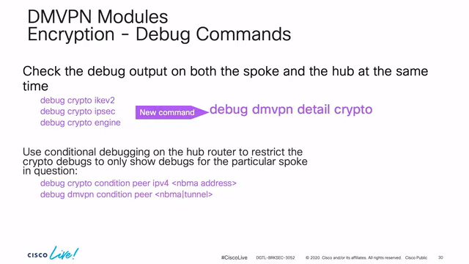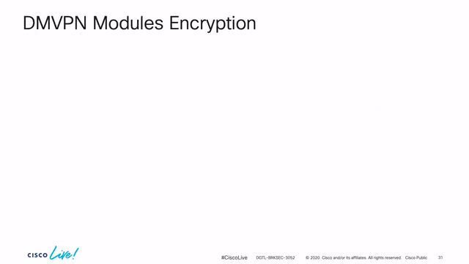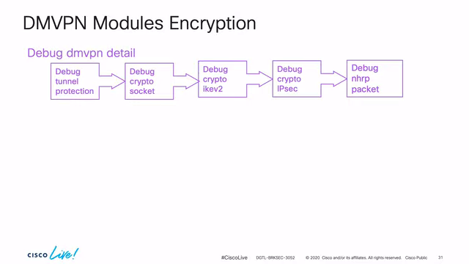Let's take a look at what exactly happens underneath when we run the debug DMVPN detail command. These are the different debugs which are automatically enabled once you run it.